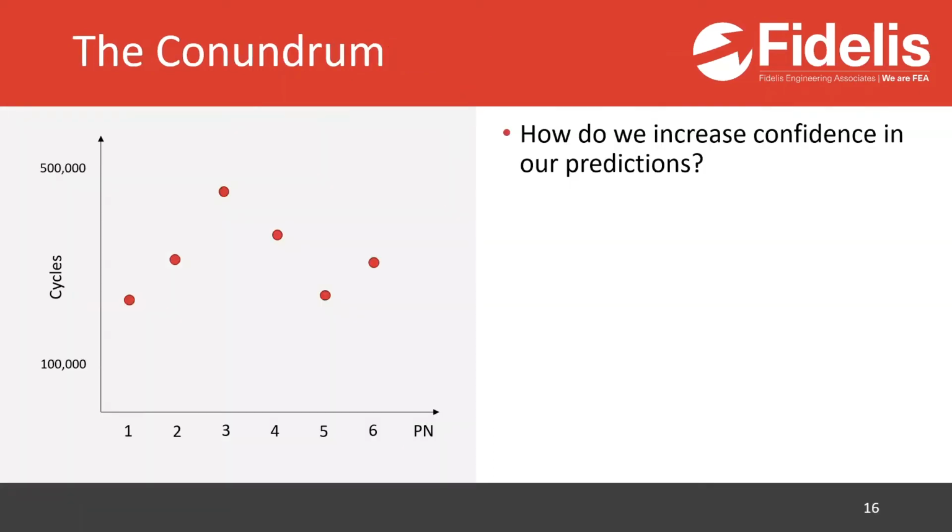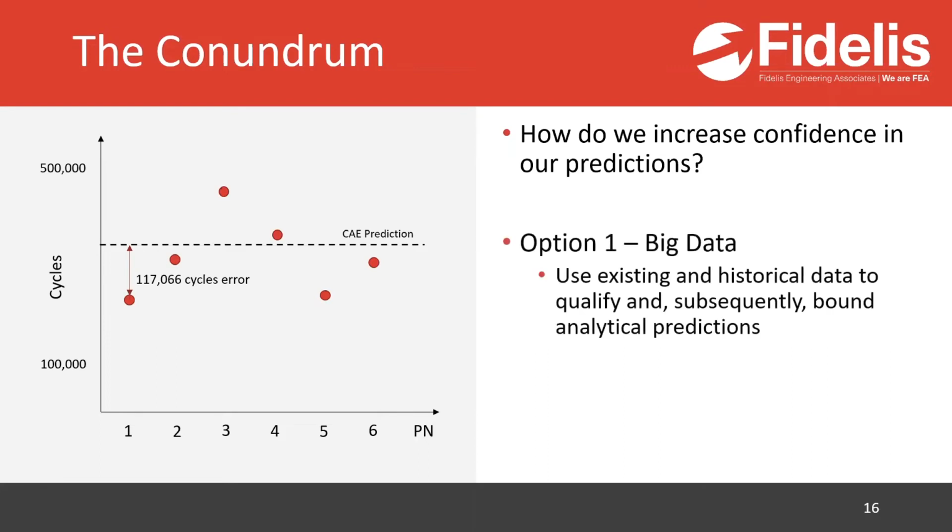So how do we increase confidence in our predictions? On the left-hand side, you can see we've got a plot of specimen number with cycles. And here's our CAE prediction. It is in error at 100,000+ cycles, so our worst performing test, and even more with our reliability and confidence built in. So we have 2 options, in our opinion, to fix this problem.